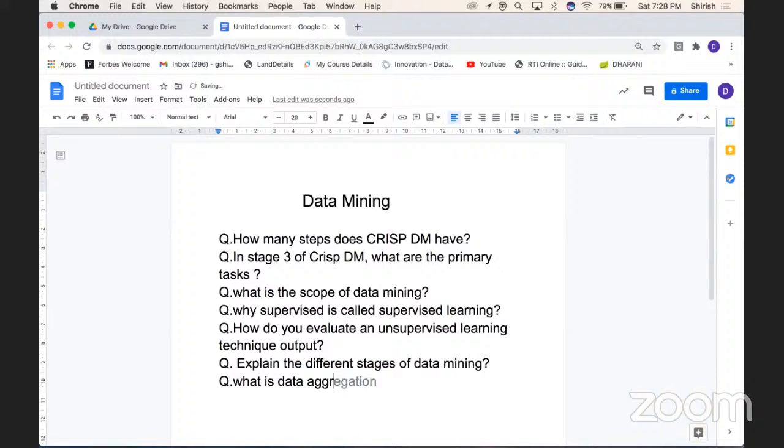Let me write it as aggregation and generalization. Both mean the same? Is there any difference?